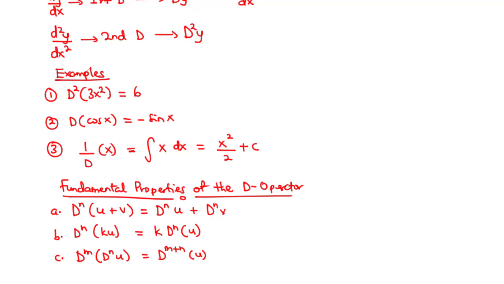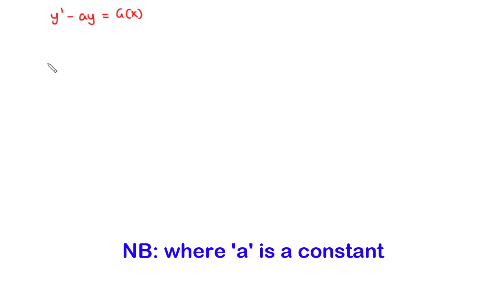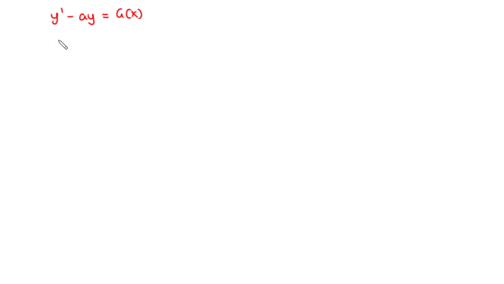Now let's consider a first order linear differential equation, which is given of the form y prime minus ay equals g of x. We can represent this in the D operator form. y prime is dy/dx, and that is equal to capital D times y, minus ay equals g of x.